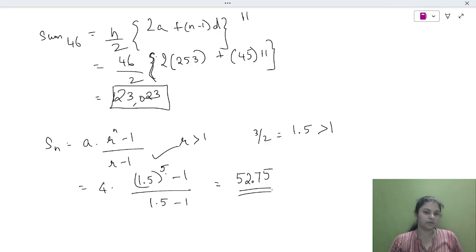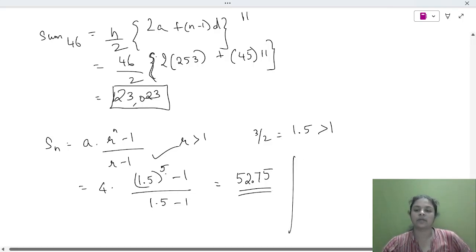Or if I have to work out in fraction, let me also give you the working out in fraction.